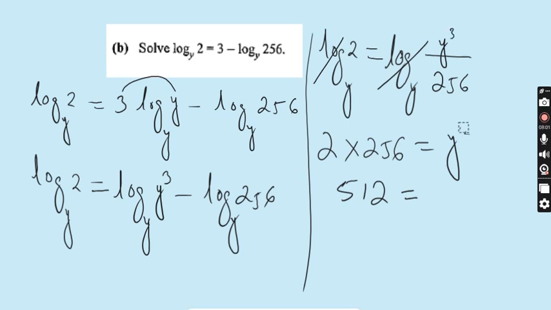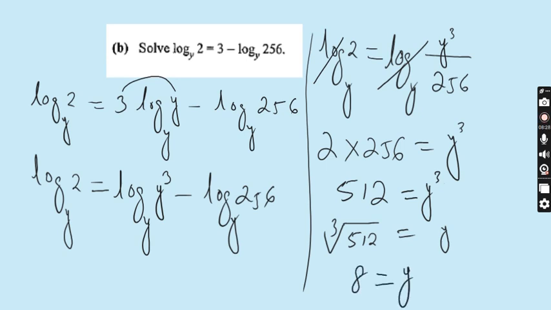So y cube is equals to 512. Taking cube root on both sides, so it will be y, and cube root of 512 is 8. You can confirm from your calculator.